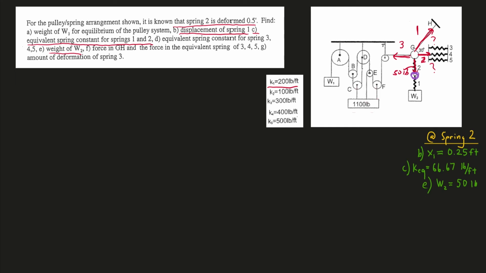So maybe we'll look at the whole pulley system and work through that. Let's start over here and let's work through the pulleys, and we'll call this rope tension T. Okay, so this rope kind of goes through this pulley right here, so this is all T here.